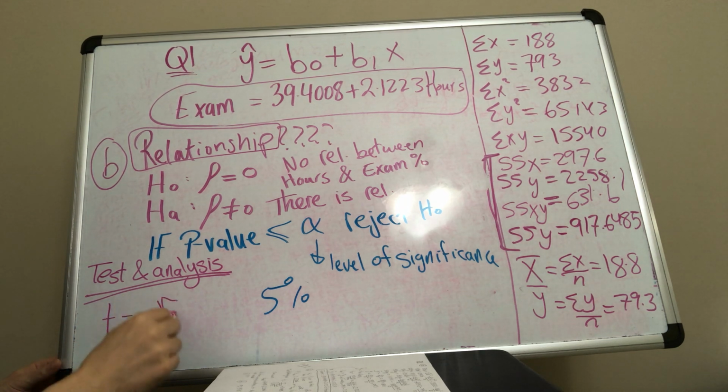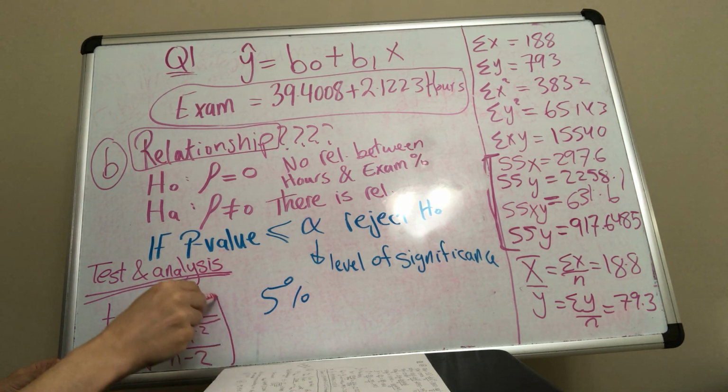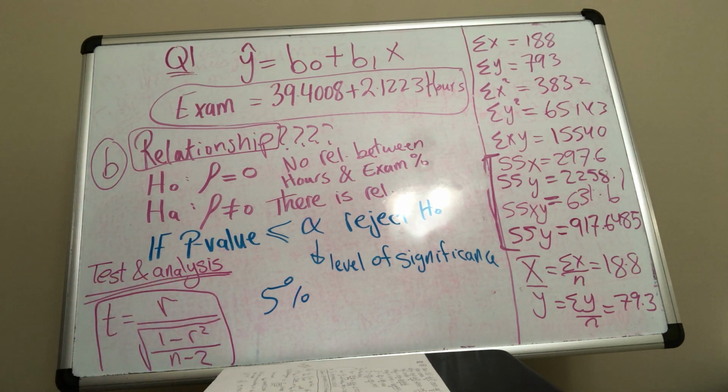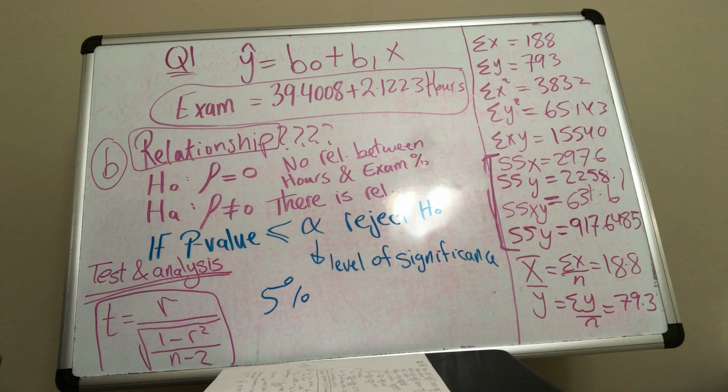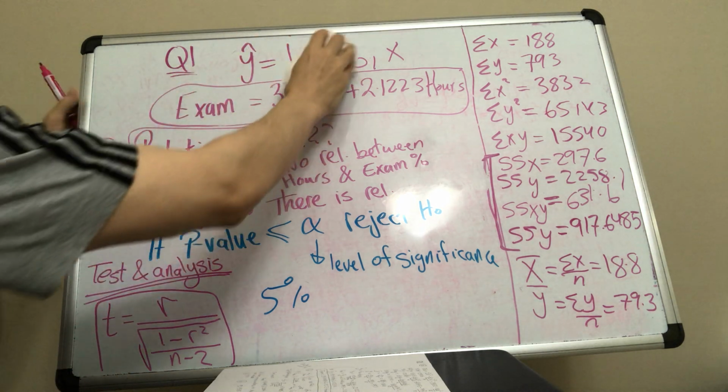T equals r times the square root of n minus 2 over 1 minus r squared. But there are some calculations involved. So I'm going to erase some of this. Remember the equation.